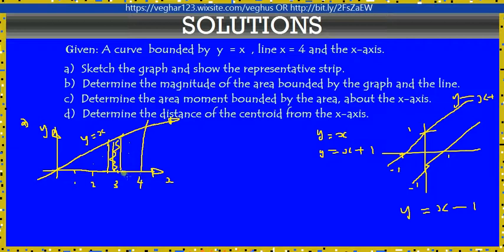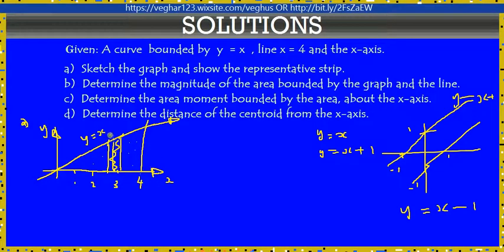There's a condition for where you draw the strip if it isn't mentioned here. The best way to draw the strip is between the graph and the x-axis. So try to draw it between the x-axis and the graph when you draw the strip.